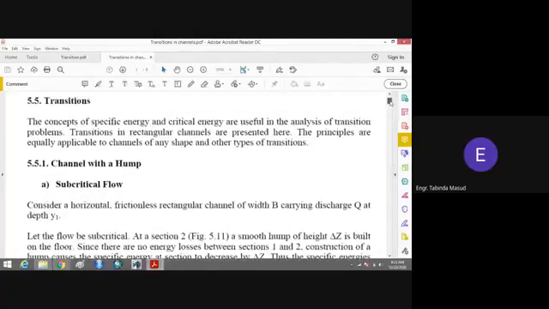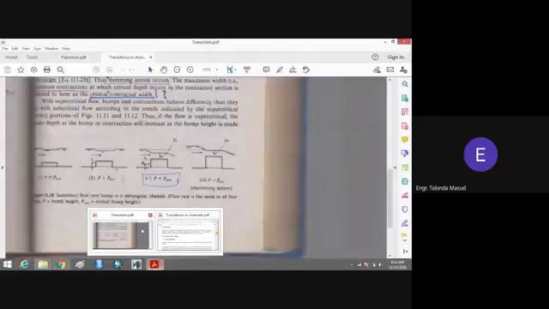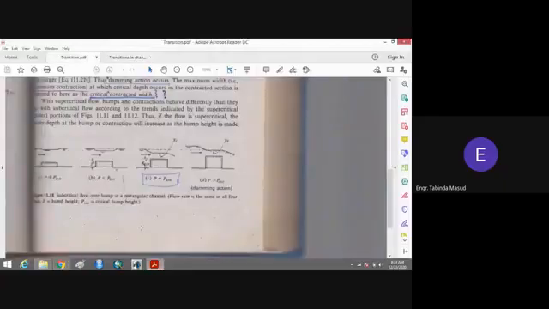We are going to discuss only two types of transitions: what will happen when we have a hump on a channel, that is a weir on a channel, and what will happen if we have a contracted section in a channel. This is from your Franzini book.